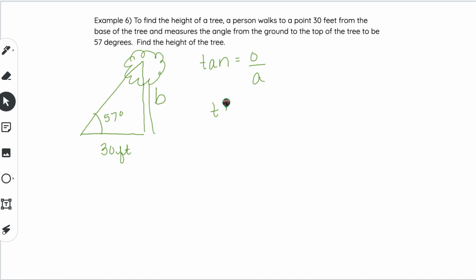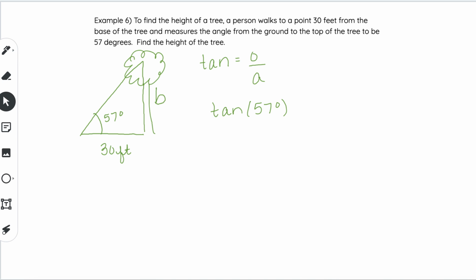And we have tangent of 57 degrees, which is not a degree value that we know of. So we're going to need to use our calculator, either using Desmos and typing in tangent 57 degrees, or your TI-83 or whatever Texas Instruments calculator you have. Even your smartphone, when you tilt it on the side, you can type tangent and then the degree value in.